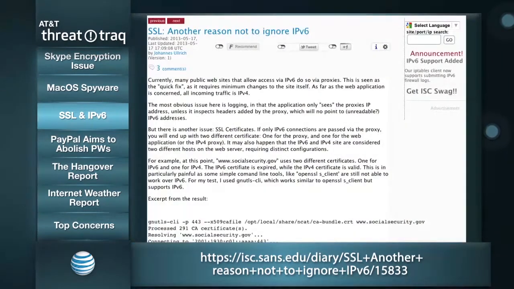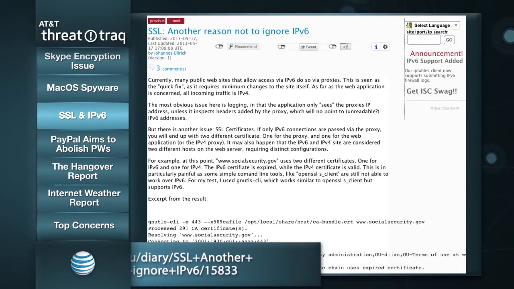Yeah, this article was posted on the SANS Internet Storm Center by my friend Johannes Ulrich. I don't remember exactly how he came across this in the first place, but it was an issue he discovered when you have both an IPv4 and an IPv6 version of your website.